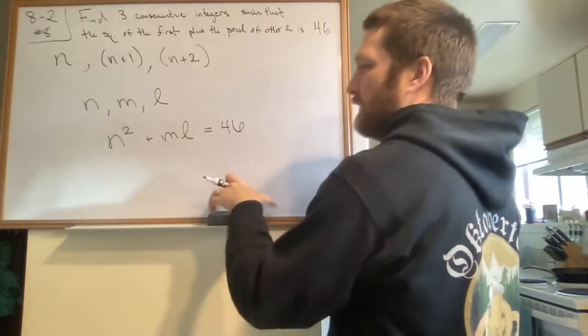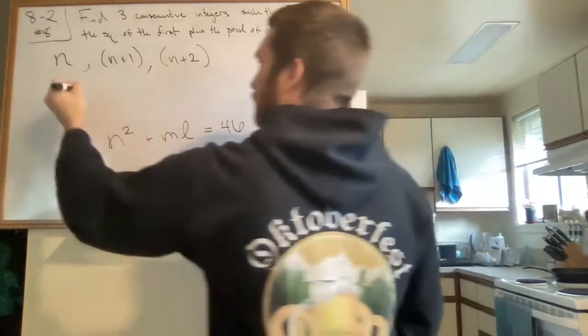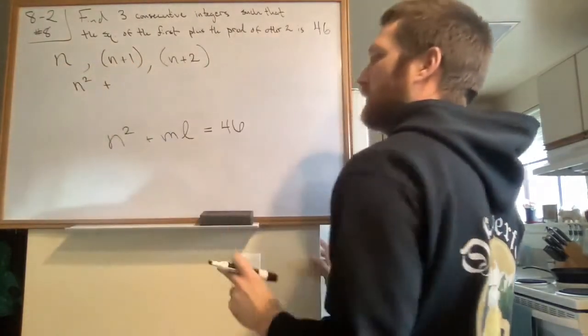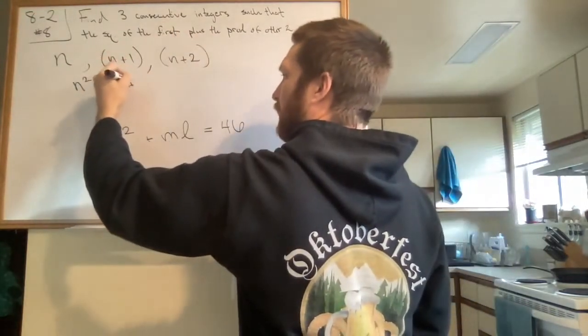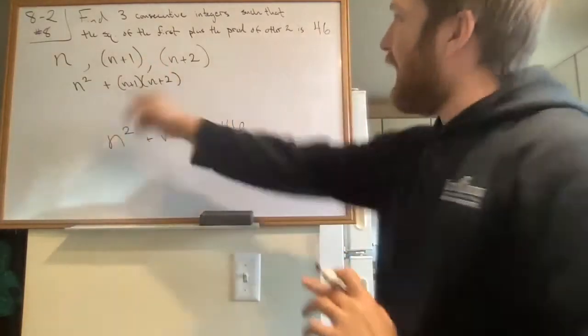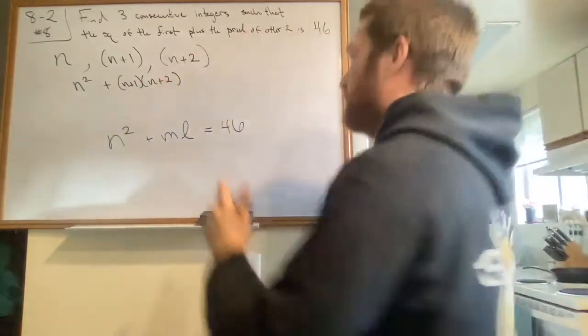I'm just going to rewrite this. In fact, I'm going to say, okay, the square of the first, which is n squared, plus the product of the other two, so n plus 1 times n plus 2, says that sum is equal to 46.